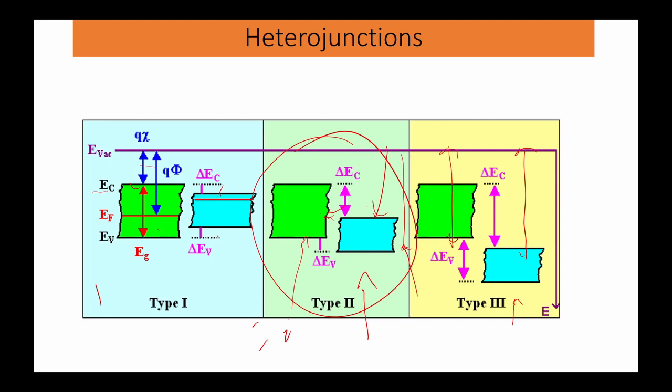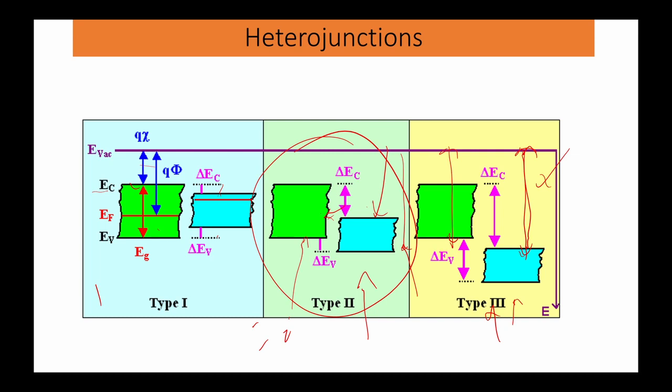If it is more, then it will form a type 3 heterojunction, that we will see. Let us say aluminum gallium arsenide and indium aluminum arsenide: when we do epitaxial growth, we can form these several kinds of heterostructures or heterojunctions.